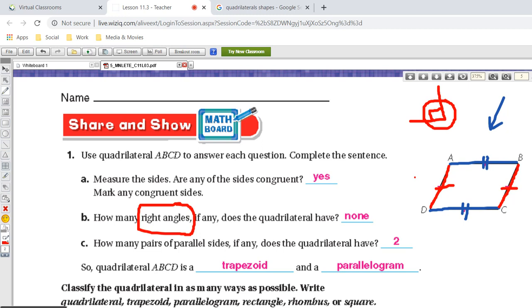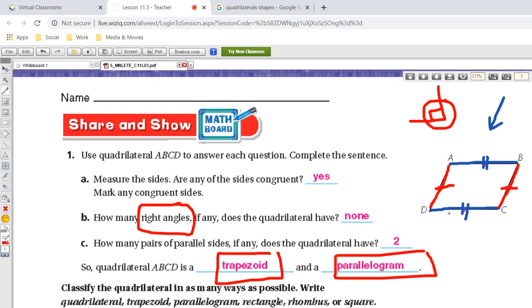So if each two opposite sides are parallel and equal in length, and there is no right angle, we can say that it is a trapezium and a parallelogram. First of all, we have to write trapezium, because all of the shapes are trapezium. Then it will be parallelogram. So the order of the shapes: firstly trapezium, then parallelogram, then rectangle, then rhombus, then square.